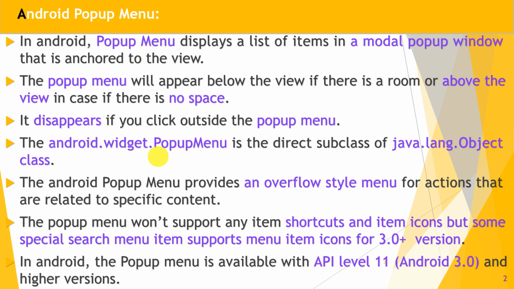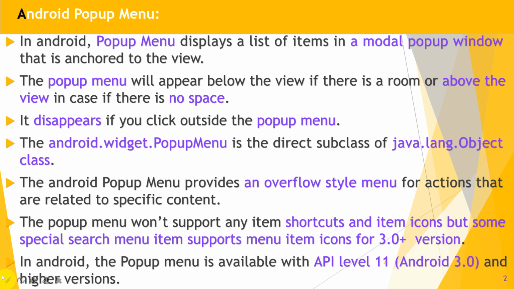Guys, I hope you understand what the PopupMenu class is and where it is present: which package, the main package is android, the sub package is widget, and which class it directly inherits from: the Object class. Great. Shortcuts and icons are not supported, but in some special cases, for example the search menu item, icons are supported. Great.